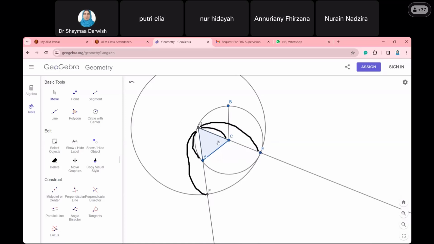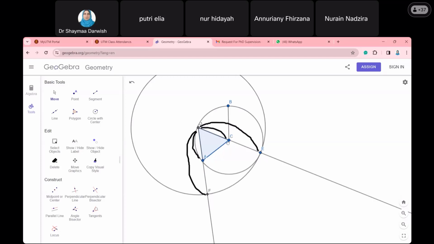Now, since DE is equal to DF and DC is equal to DA, you can subtract these two equal parts, so the rest is equal to the rest. CE is equal to AF. So you have AF equal to CE equal to CB. So the three are equal, so AF for sure should be equal to CB.